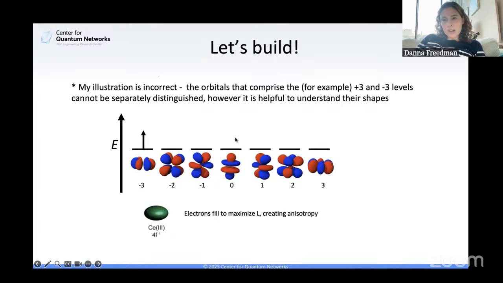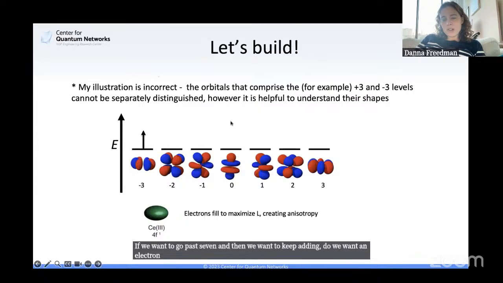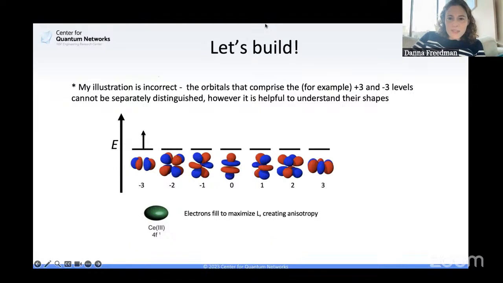If we want to go past 7 and then we want to keep adding, do we want an electron? How many electrons do we want in the 0 level? Let me see if I can just annotate this out. Okay, I'm going to try this.